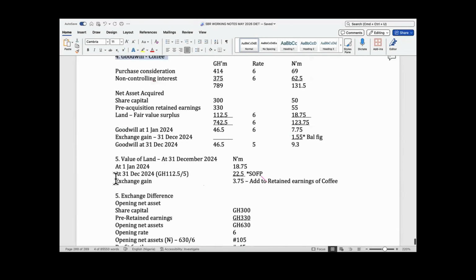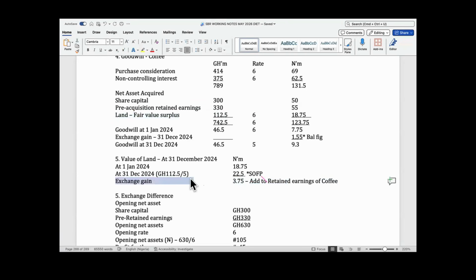Also, this one, exchange gain on this land. And this land is that of coffee. It's coffee that has that land, because it was the balancing figure we got here for this land.